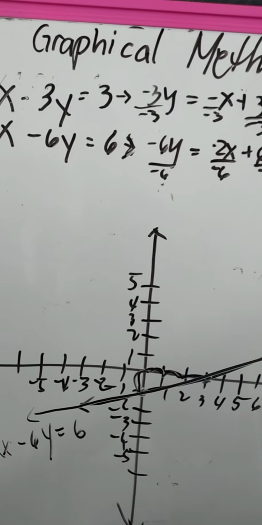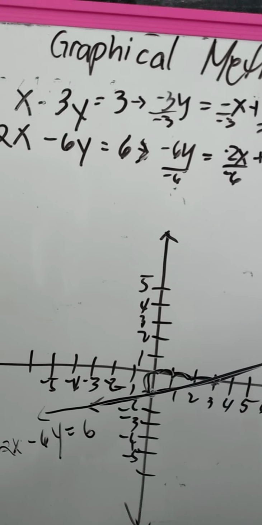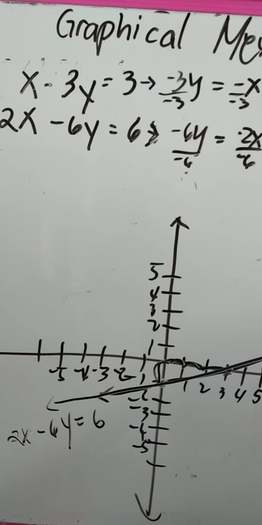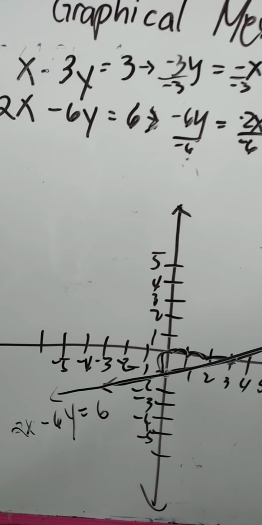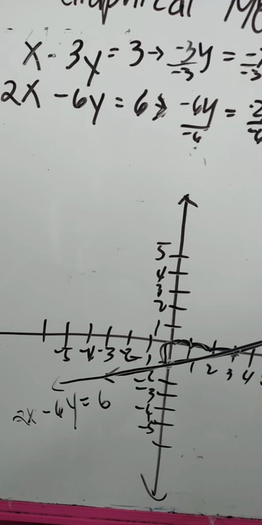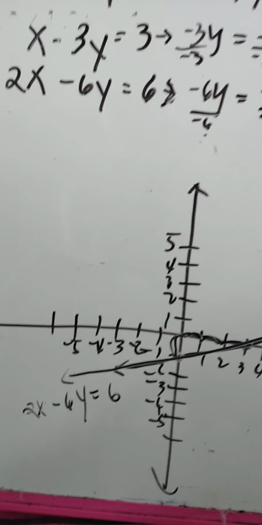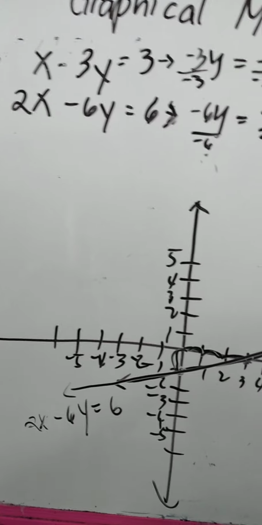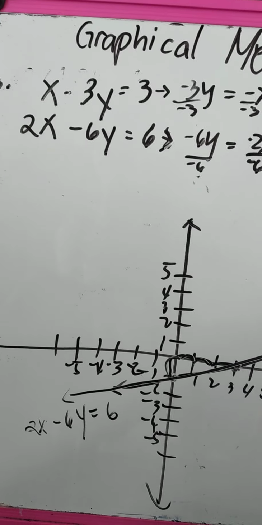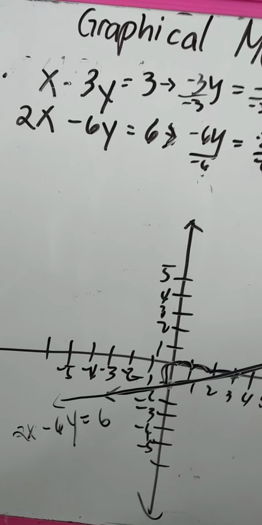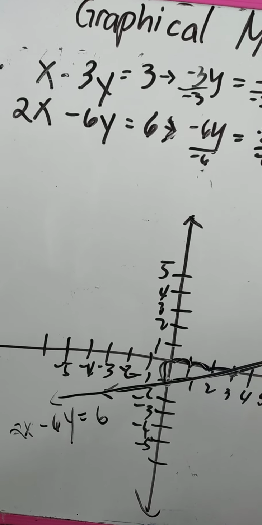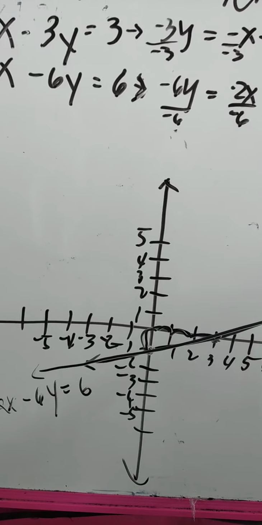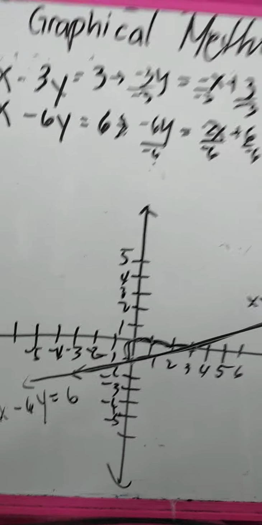If the y-intercepts are not the same, just like in our previous example, then the system of equations is considered inconsistent, meaning they are not intersecting, and there is no solution because the lines are parallel. Without graphing, you can tell that the solution is none just by looking at the m and the b.